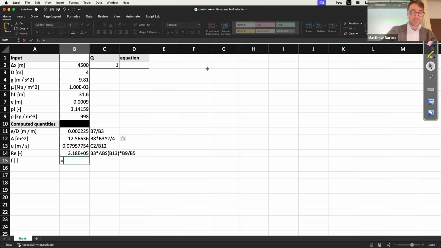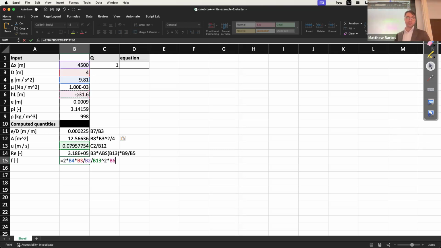So that's equal to 2 times G times D divided by delta X divided by the velocity squared, that's B13 squared, all times the head loss, cell B6.